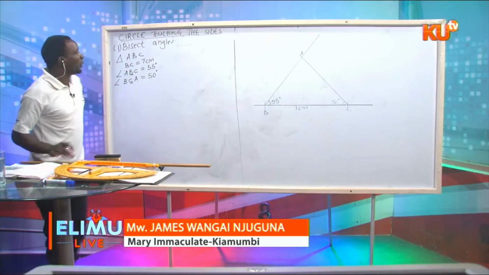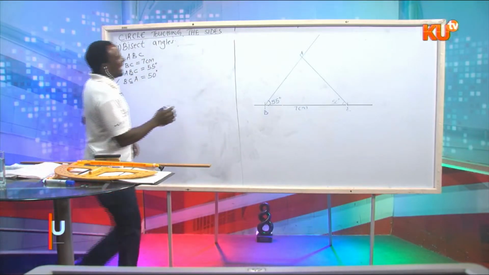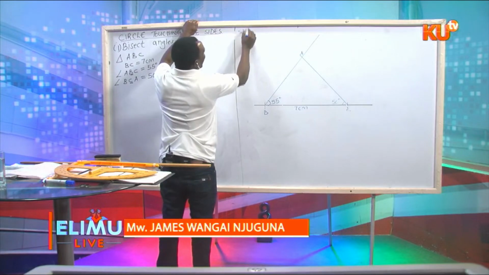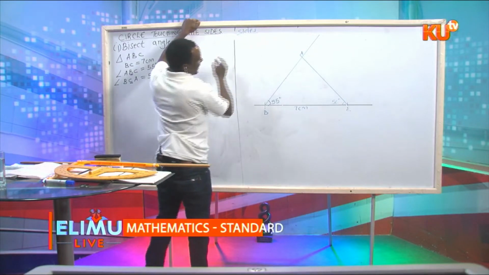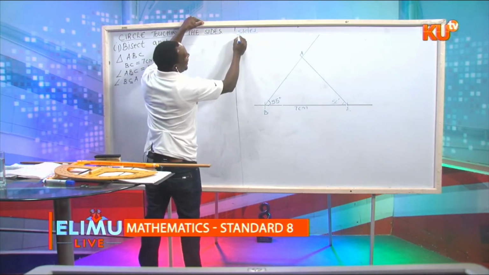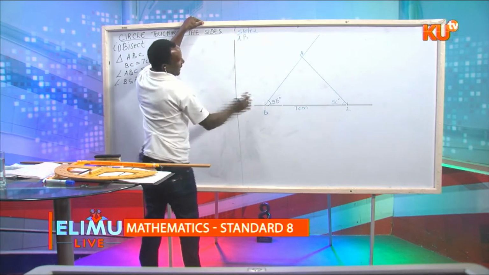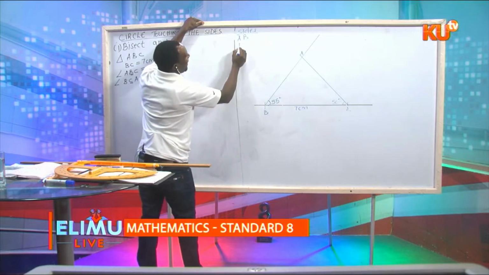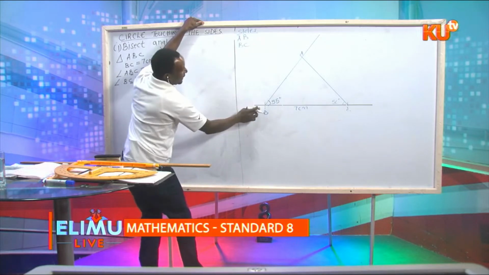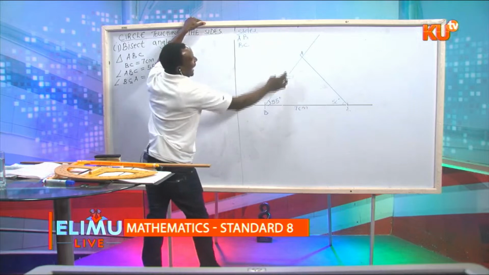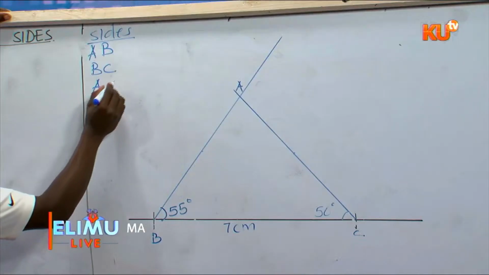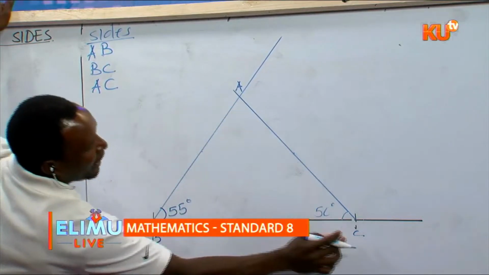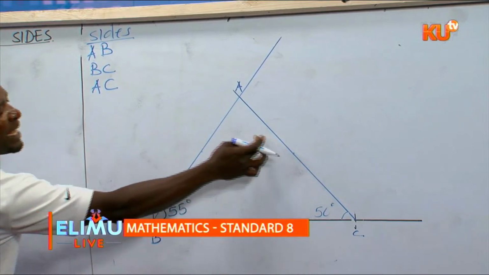Let us now draw our circle touching the sides. Here, our sides are AB, this line, BC, this line, and AC, this line. So our circle is going to be here inside.